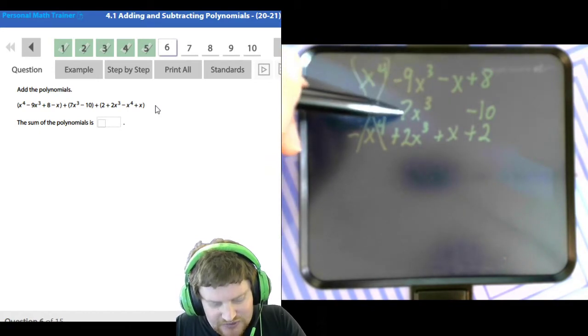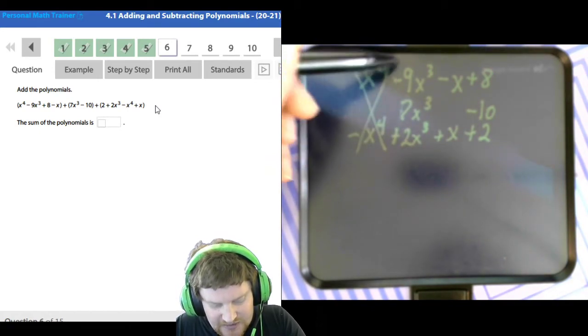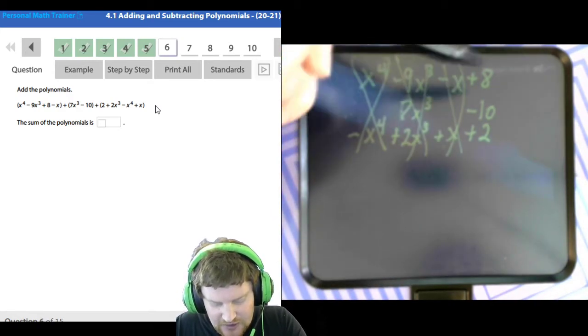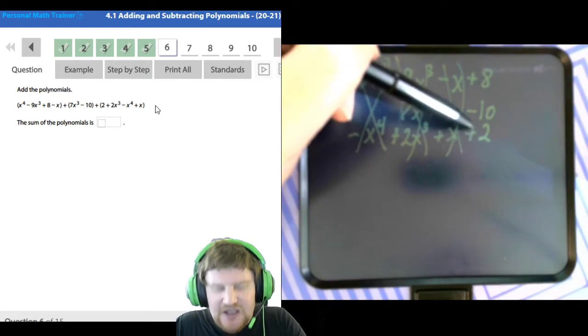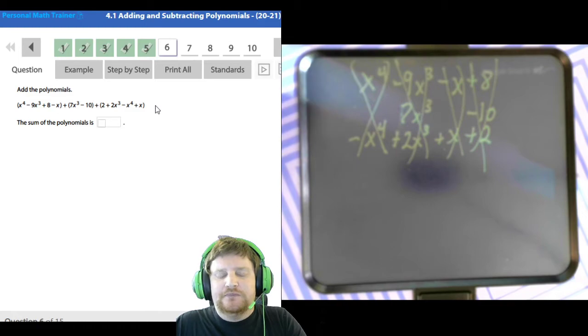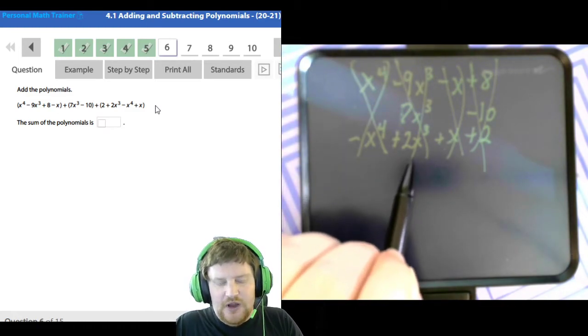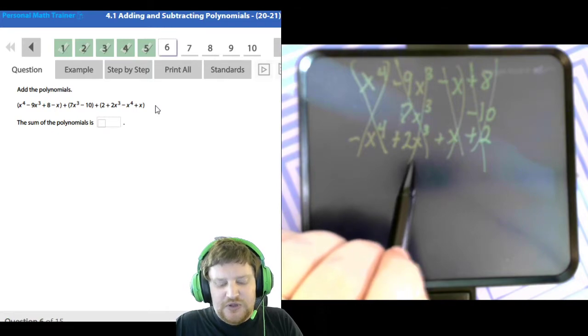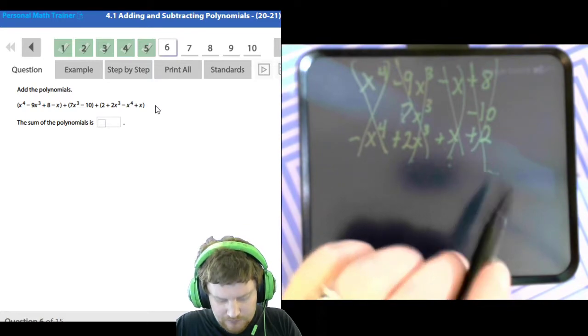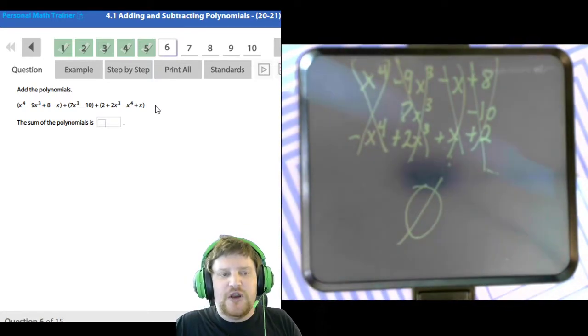Negative 9 plus, well, 7 plus 2 is 9, minus 9, those cancel. Negative x plus x, those cancel. 8 plus 2 is 10, minus 10, that cancels. So, nothing plus nothing plus nothing is nothing.